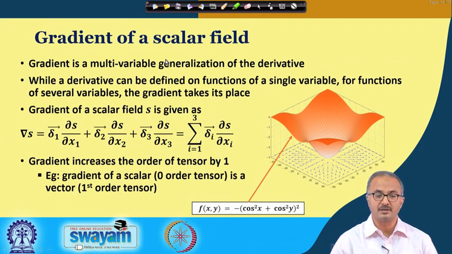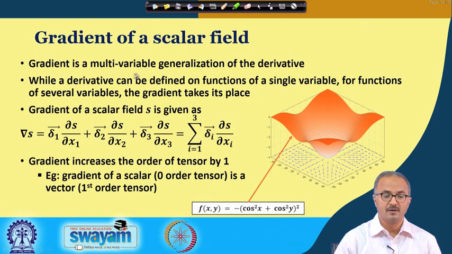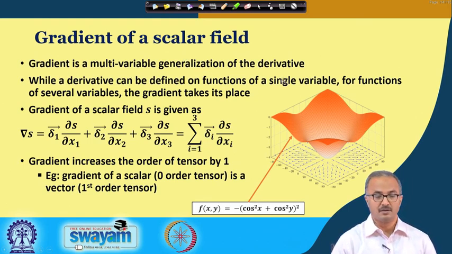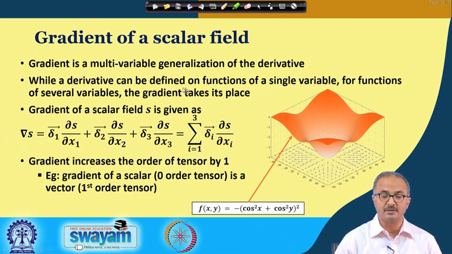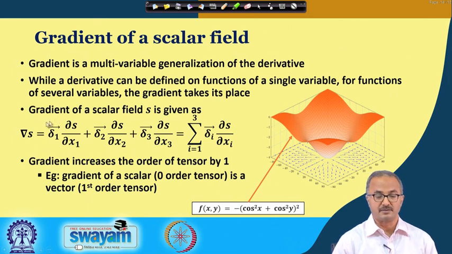Now here we have the gradient of a scalar field. What we understand is that the gradient is a multi-variable generalization of a derivative. While the derivative can be defined on functions of a single variable, for functions of several variables we use the gradient, like, as I just told you, the gradient of a scalar field like temperature. So here we are writing the gradient of a scalar field like this, Nabla operator into the scalar S, and this is the way we are expanding it. This S may be temperature, it may be mass, it can be any scalar.